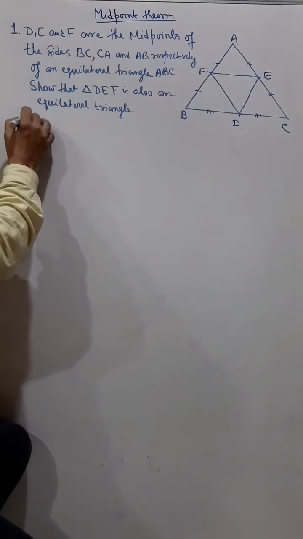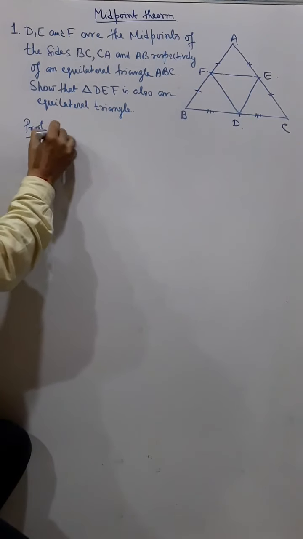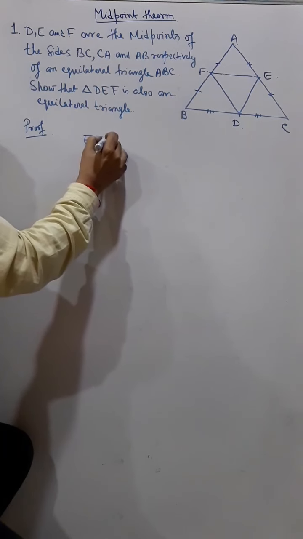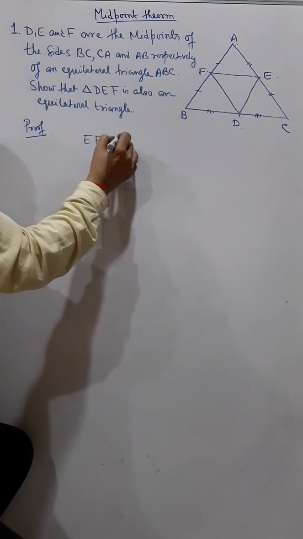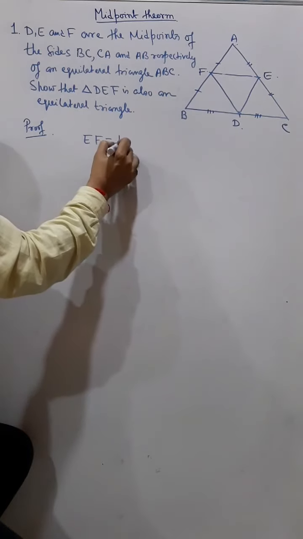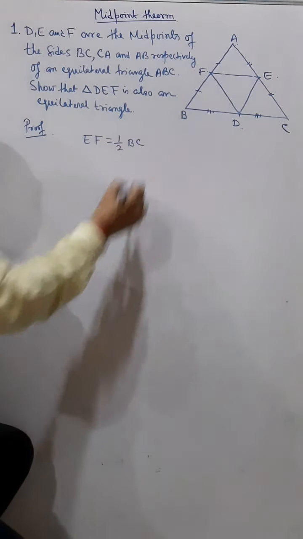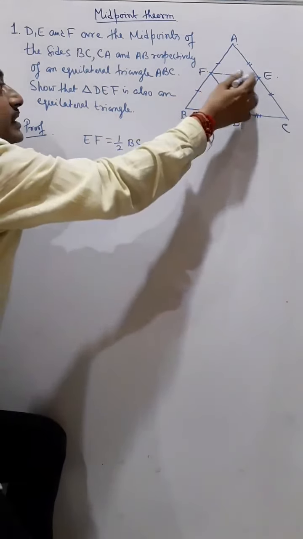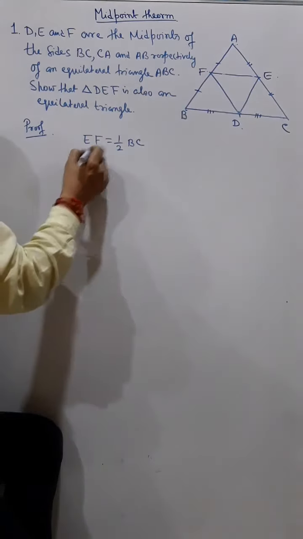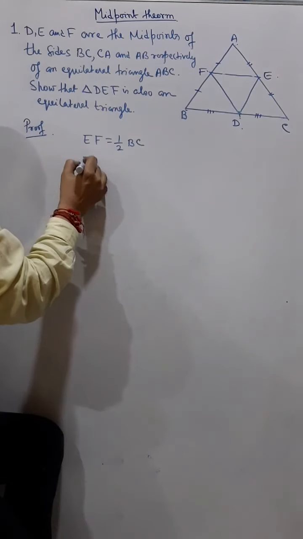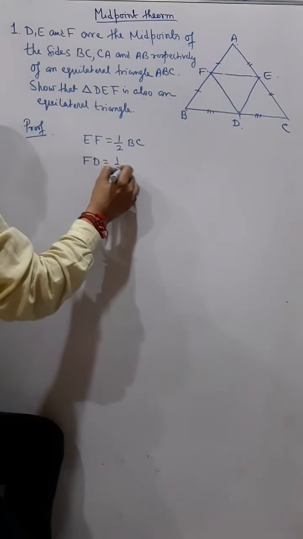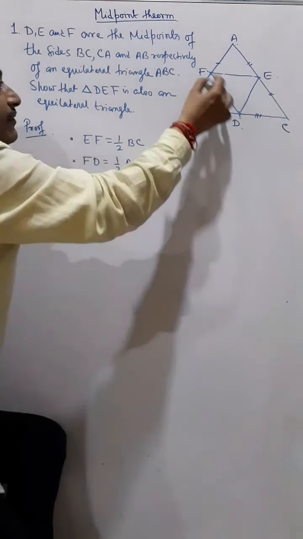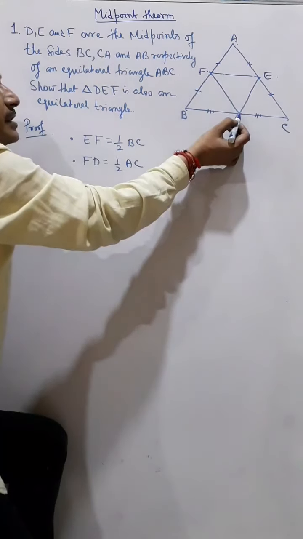Now simply we can start like this. We can see that EF is half of BC, right? We can also say FD will be half of AC, because you can understand this is the midpoint, this is the midpoint.